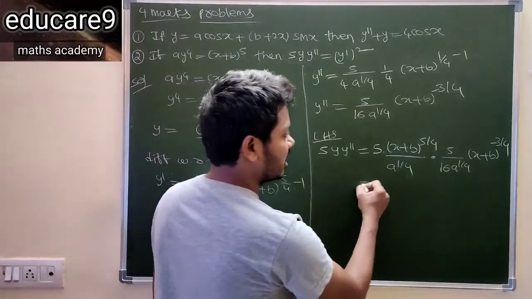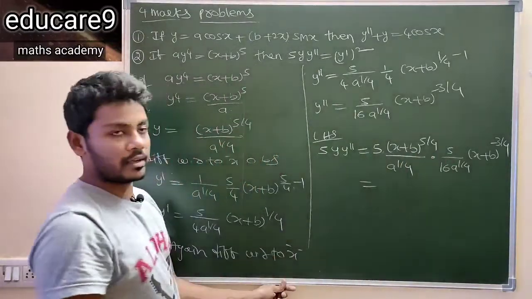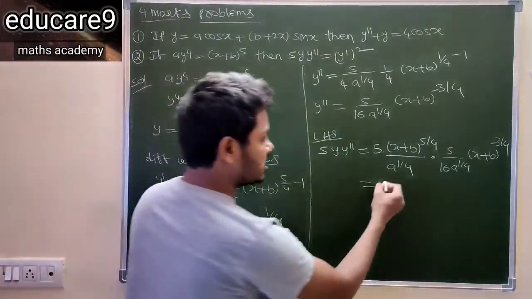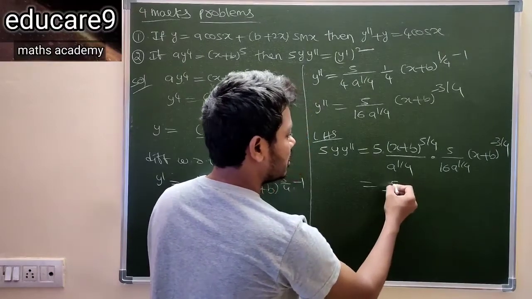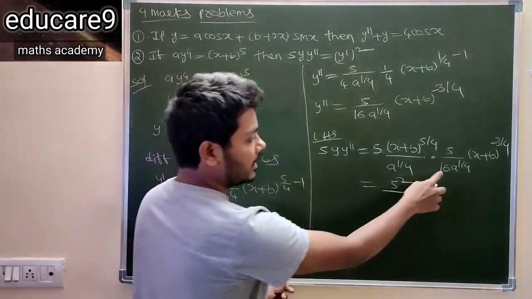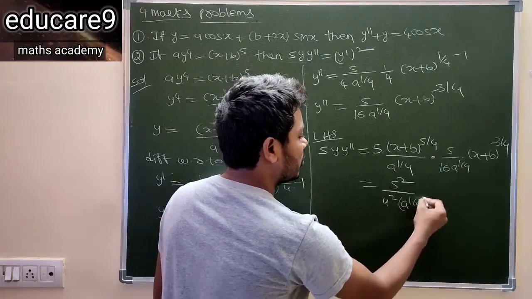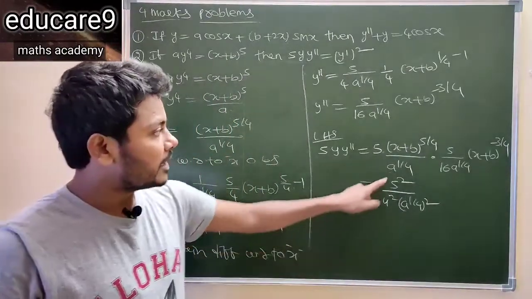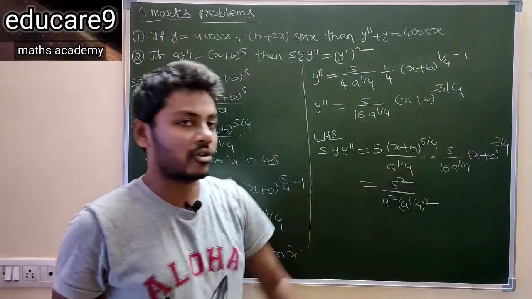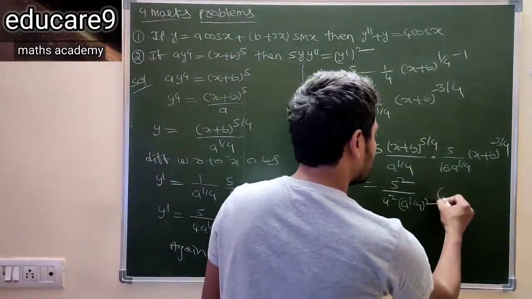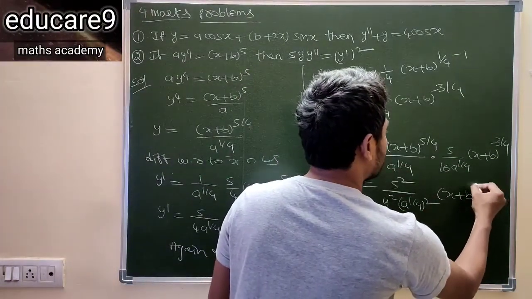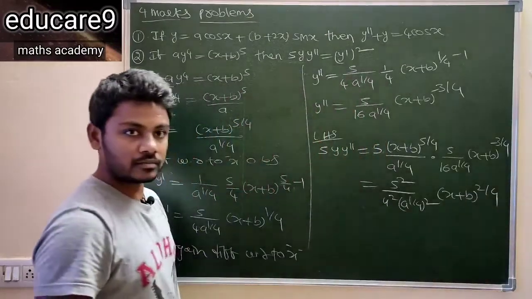So clearly, 5 into 5, that is 25, that is 5 square, and 16 is written as 4 square, and a power 1 by 4 whole square. Next, 5 by 4 minus 3 by 4 is 2 by 4, so x plus b whole to the power of 2 by 4.